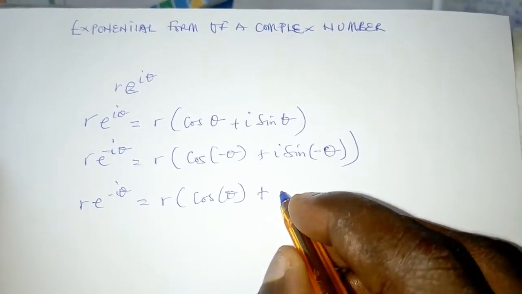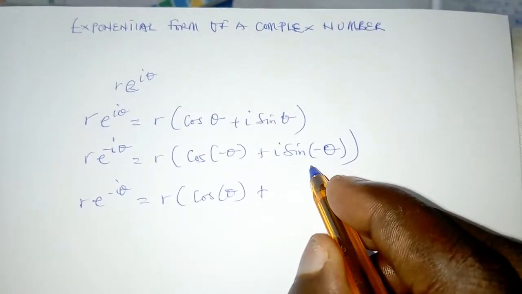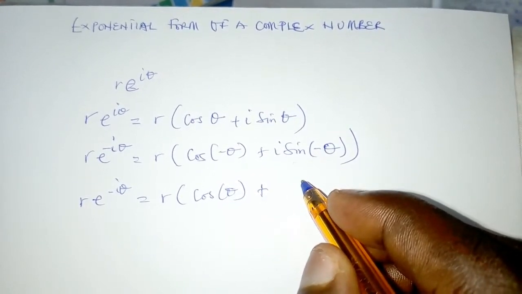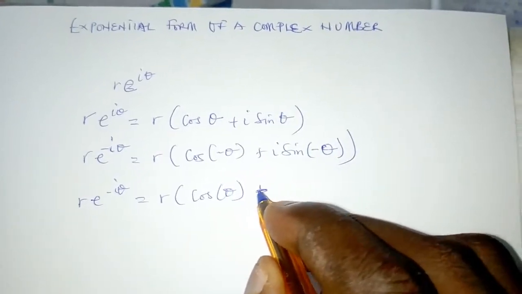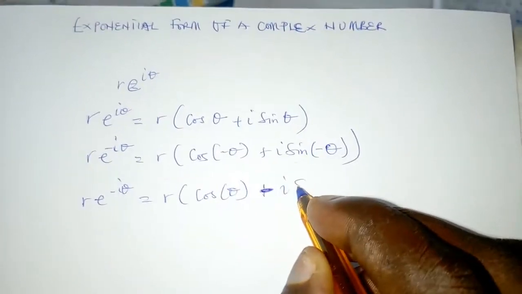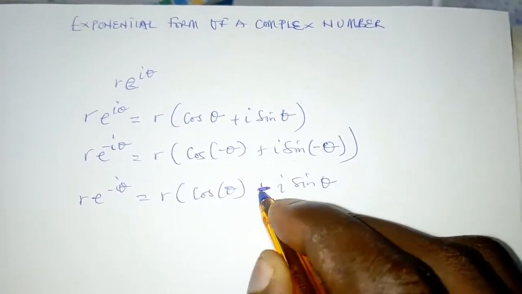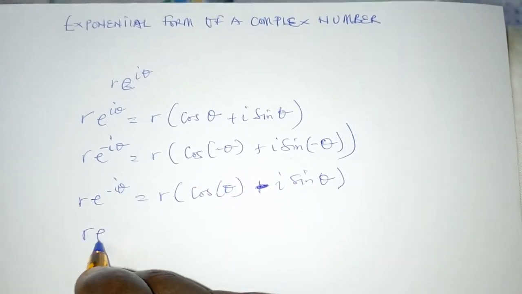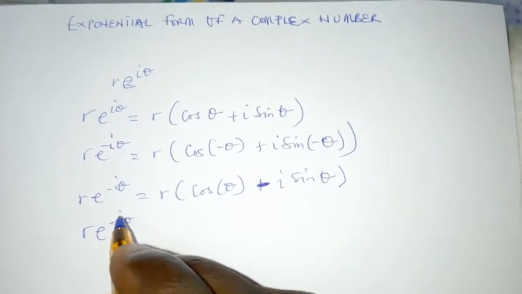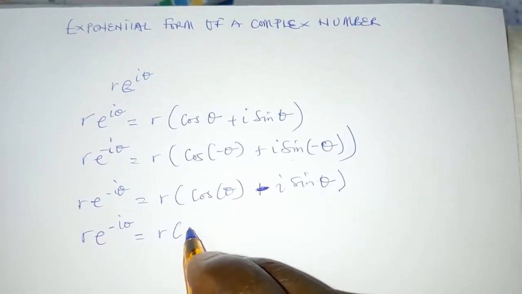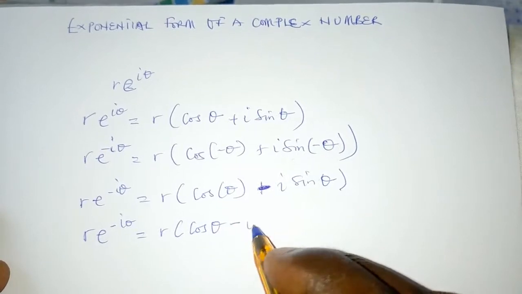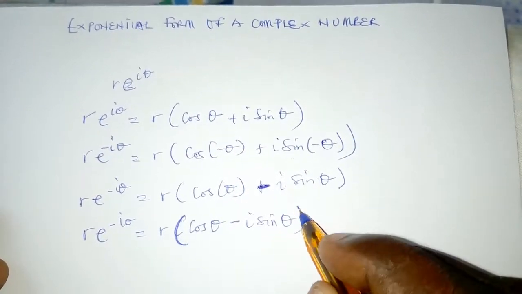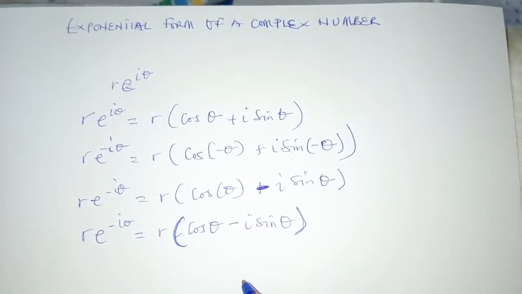But with sine, we know it to be an odd function, and so the negative is going to play a role. So this becomes negative i sine theta. So r e^(-i theta) becomes r cos theta minus i sine theta. This is basically what I want you to take note of.